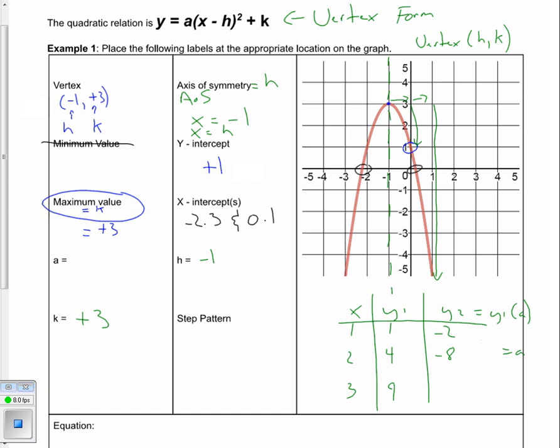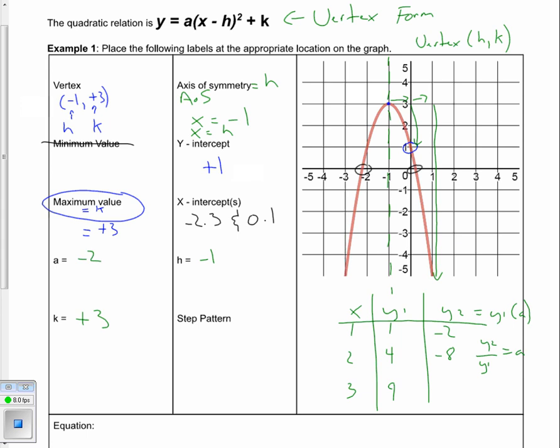So a is equal to y2 divided by y1. y2 is negative 2, y1 is 2, so that would equal negative 2. The other one, negative 8 divided by 4, is equal to negative 2. So in this instance, we can use our step pattern to identify that the a value is negative 2.